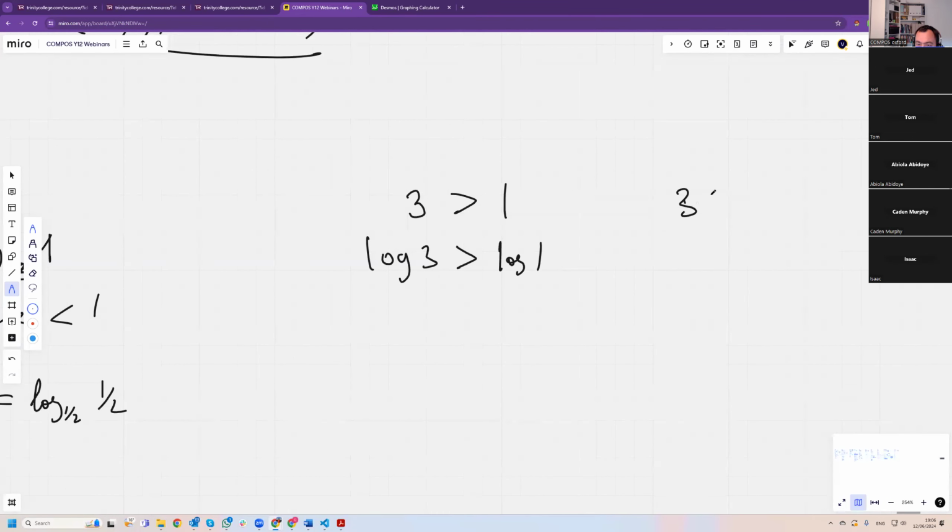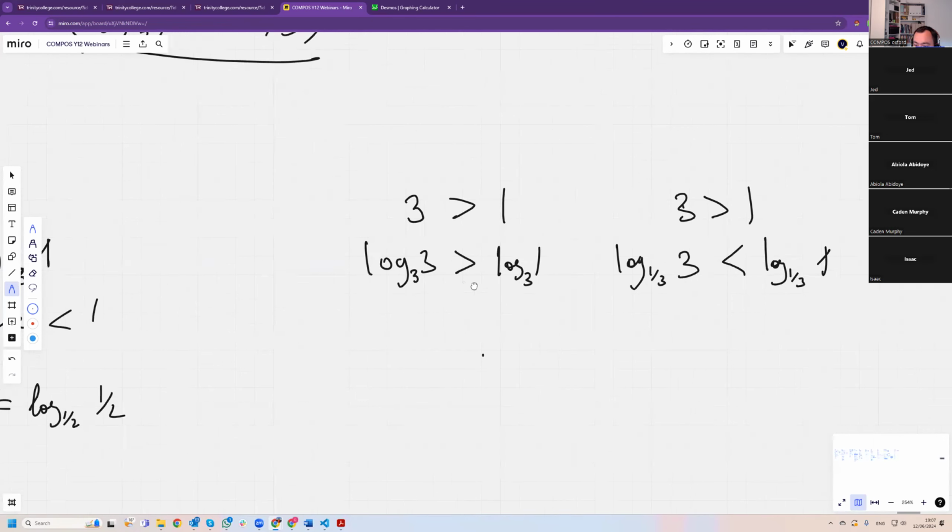But if you have 3 is greater than 1, then log 1/3 of 3 and log 1/3 of 1 is going to be the opposite, because the base is less than 1. The sign changes because the base of the log is less than 1.